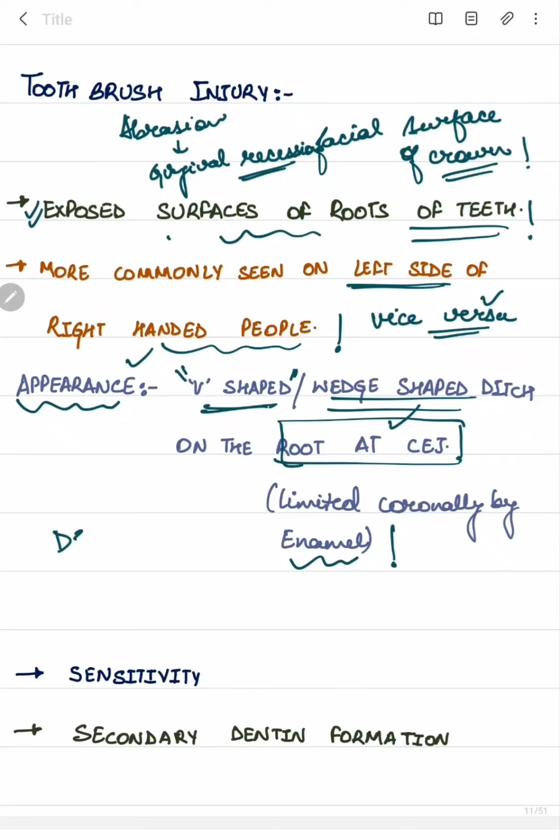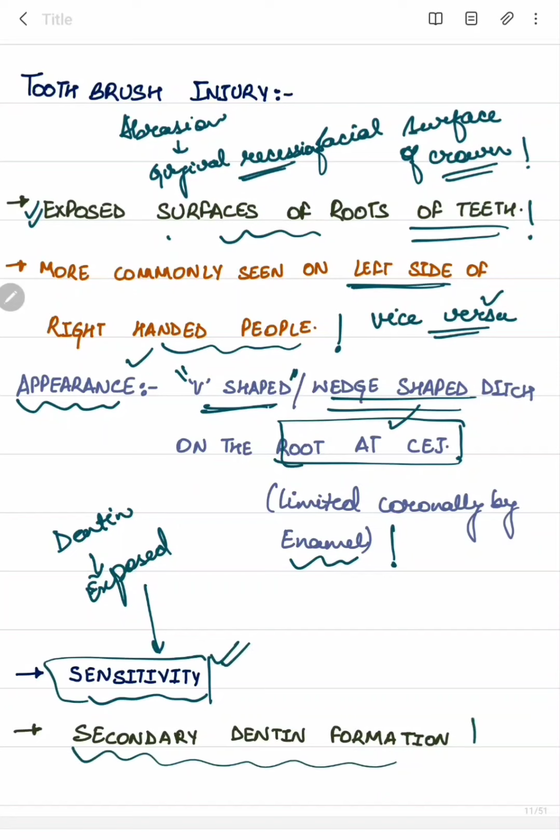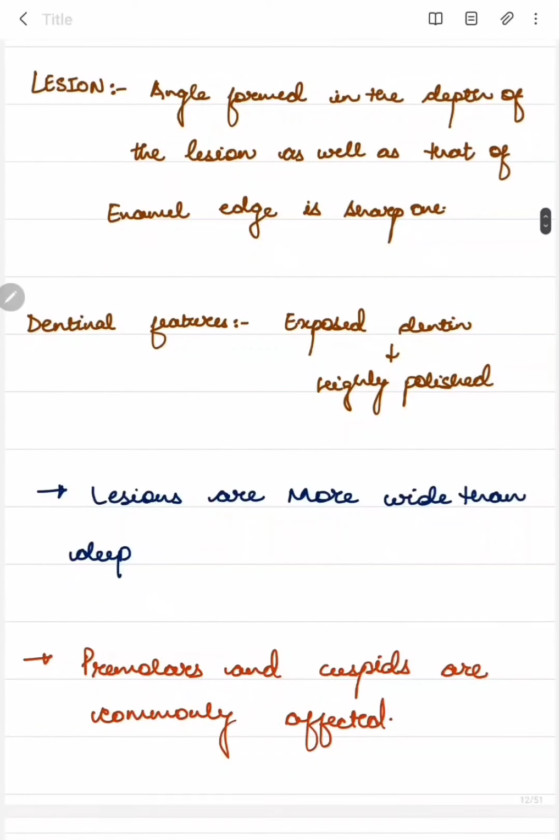So as the dentine is exposed, it will lead to sensitivity, and to protect our tooth, secondary dentine formation will occur, right? So the angle formed in the depth of the lesion as well as that of the enamel edge is sharp. So it is basically a V-shaped or wedge-shaped lesion in toothbrush abrasion, right?